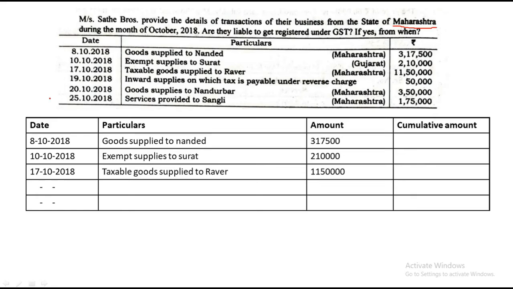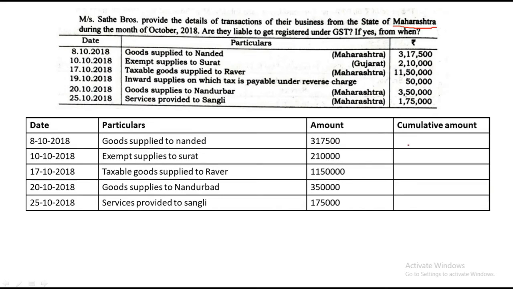On 20th October, again you are supplying something, so we consider that: goods supplied to Nandurbar, amount is 350. And last, on 25th October, services provided. Providing service will be considered, to Sangli, the value is 1,75,000. Very simple. Whatever you are supplying, we just add up. Now we need to find the cumulative.